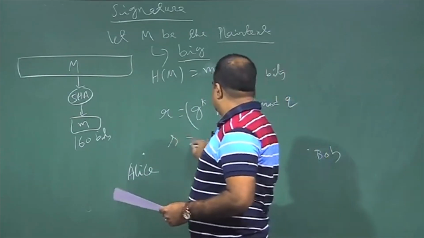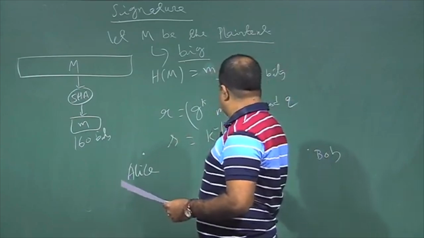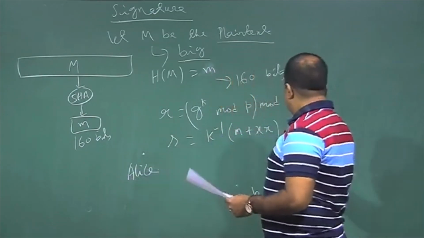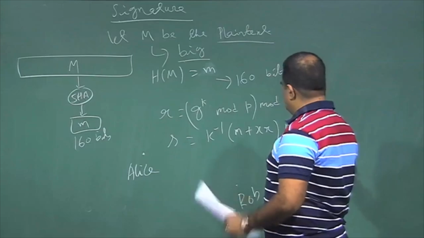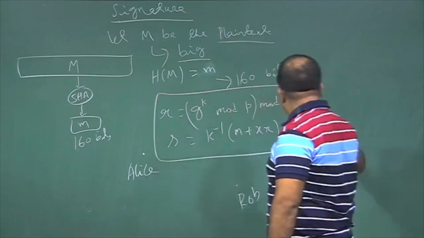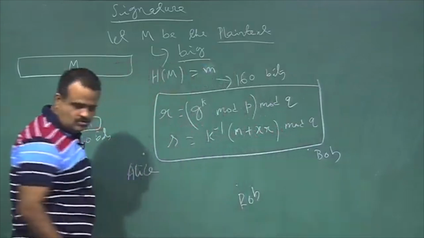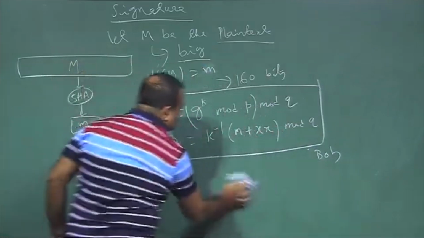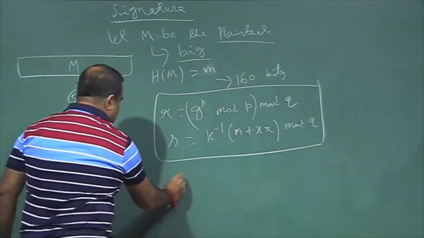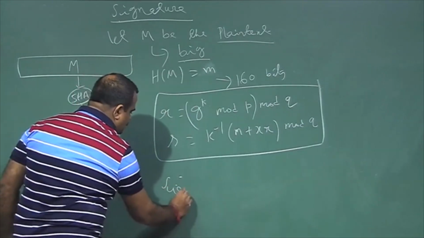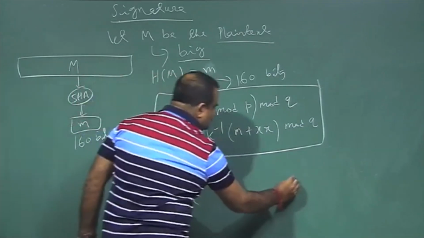And S is basically k inverse times (m plus XR) mod Q, and Alice is sending this R, S to the verifier. So, this is the signer and this is the verifier.